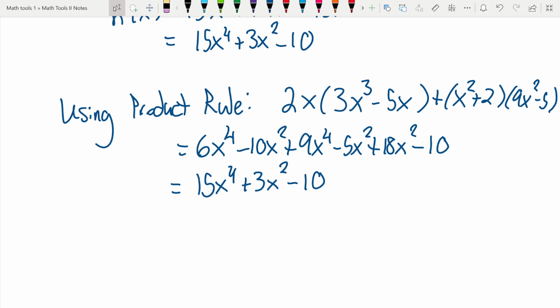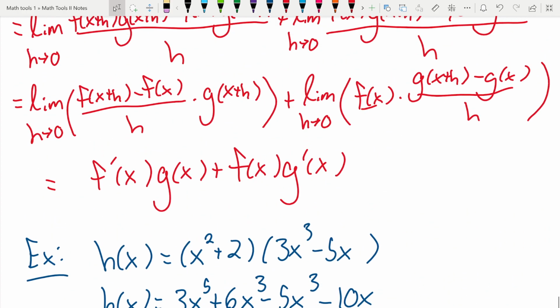It's also important to note this can be extended to more than 2 functions, and it will have the same general form. So if you had f, g, and h, for example, it would be f prime of x times g of x times h of x, plus f of x times g prime of x times h of x, plus f of x times g of x times h prime of x.